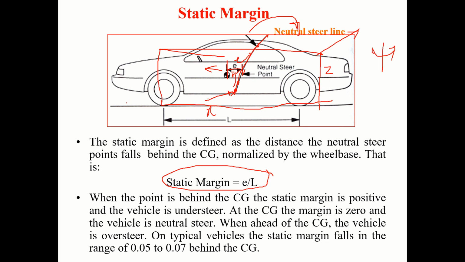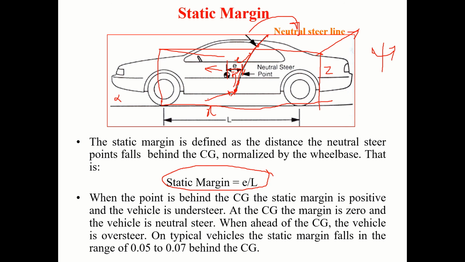And because of that, the tire slip angle gets created. Based on that, we have discussed whether the vehicle can be an understeer or oversteer vehicle. Also, the influence of the tire properties on making the vehicle understeer or oversteer. These kind of things we have discussed.